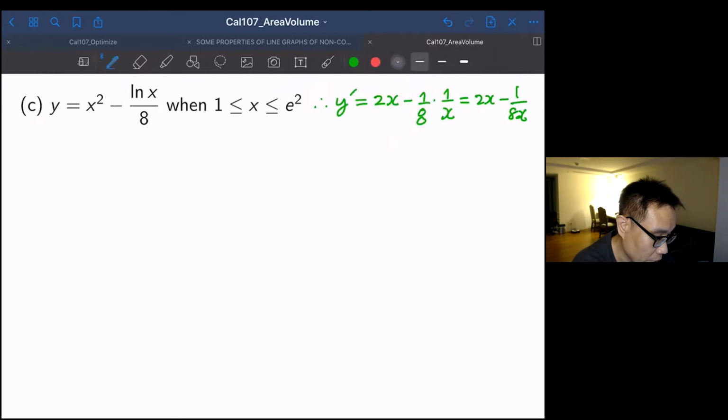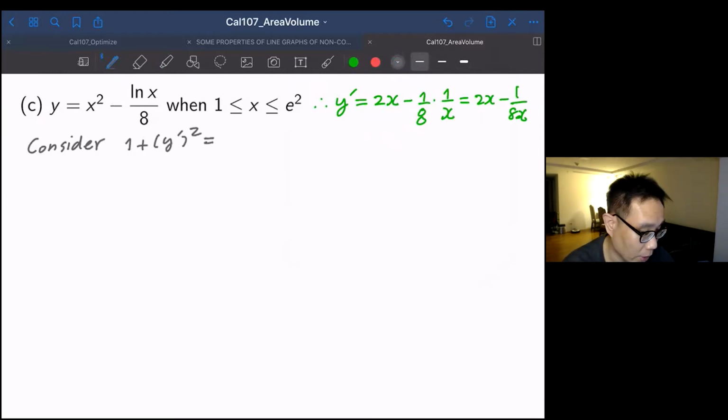And you have to find the arc length. Let me consider this part separately first. We're going to consider 1 plus y prime squared, where y prime is the green guy.